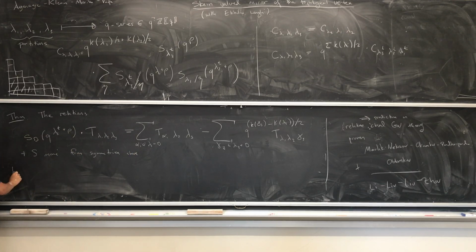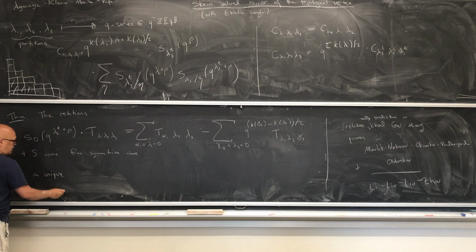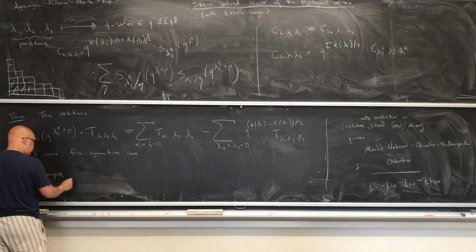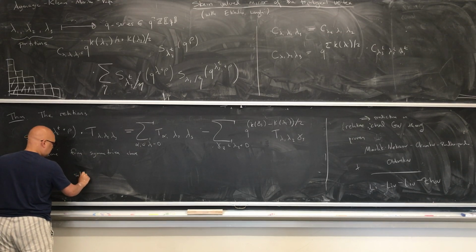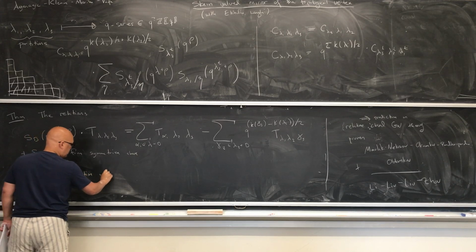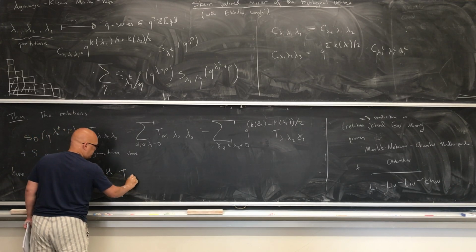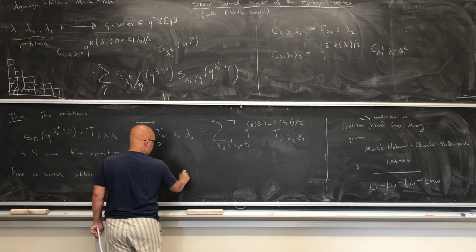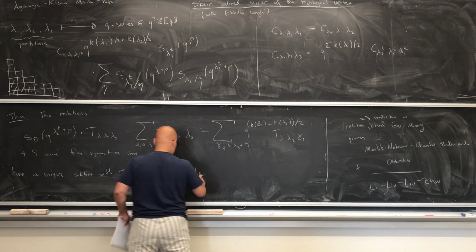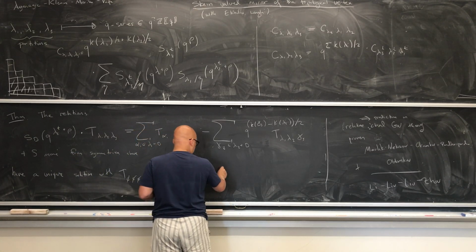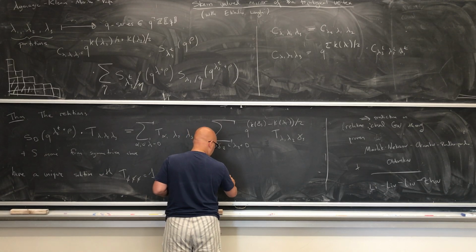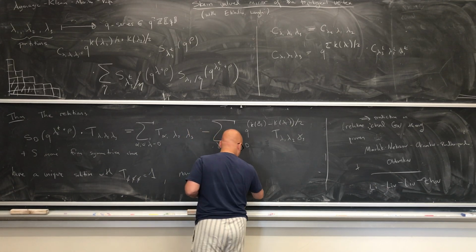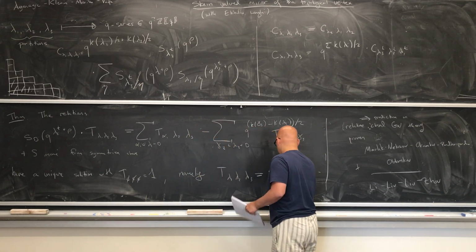These have a unique solution, up to scalar multiple, I'll say it this way, with T of empty, empty, empty equals 1. And the solution is T of lambda 1, lambda 2, lambda 3 equals minus 1.